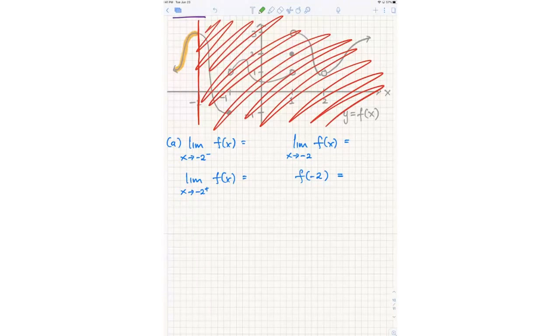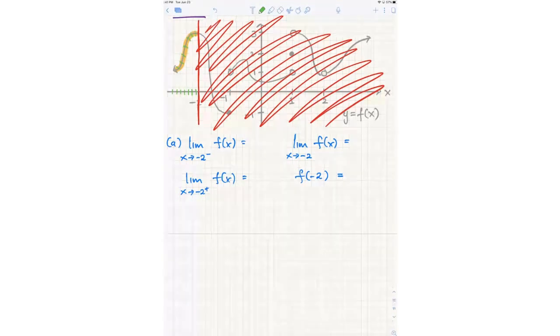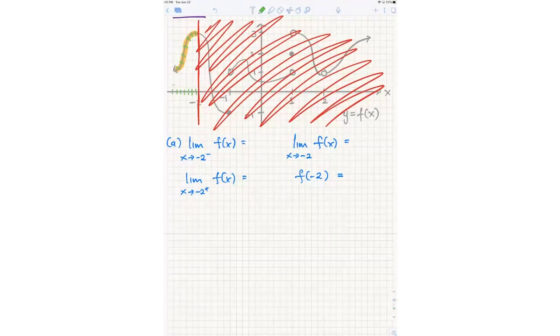Now like before, I mark points on the graph, right? So I'm going to mark points on the x-axis that are to the left of -2, and then I mark the corresponding points on the graph. And what do I notice? As x approaches -2 from the left, all of the points seem to approach this point right up there.